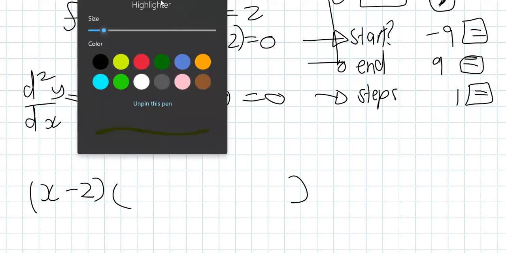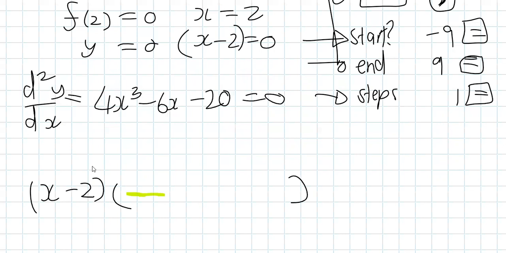So the first term of the trinomial, our answer is going to be the 4x cubed. And we say, what do we need to times by x in order to get 4x cubed? Well, we need to times it by 4x squared. 4x squared times x makes 4x cubed.